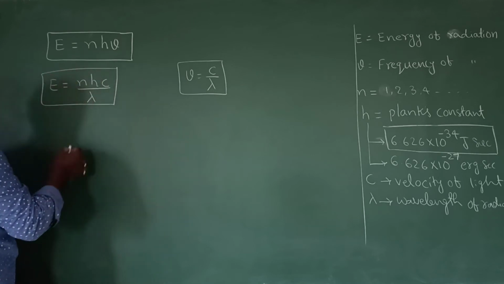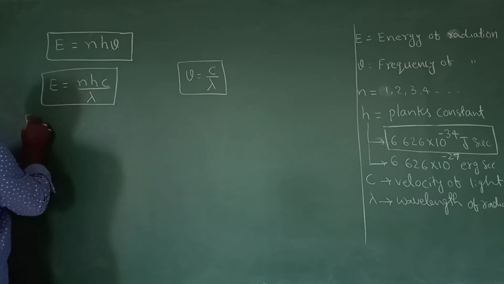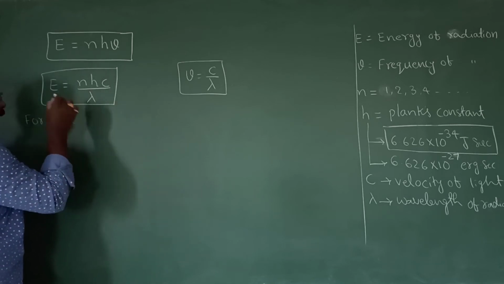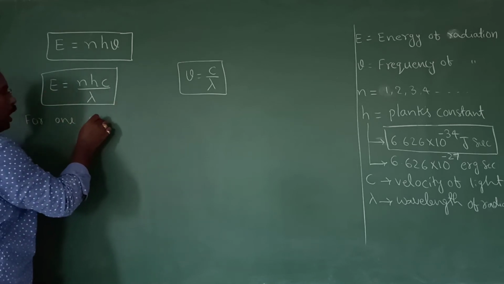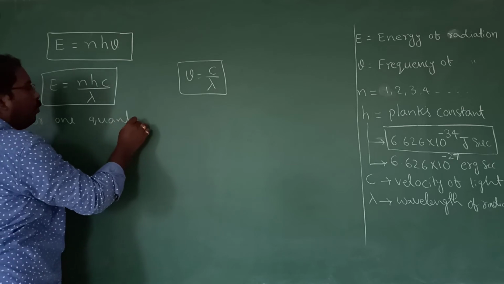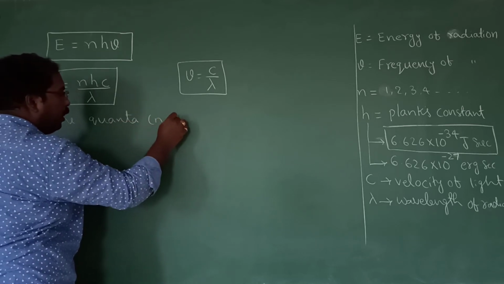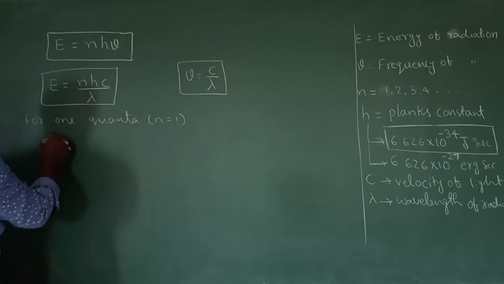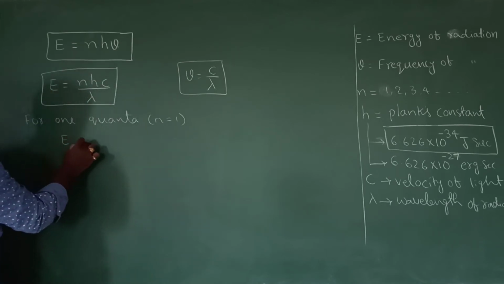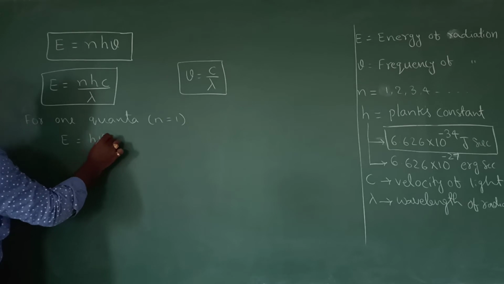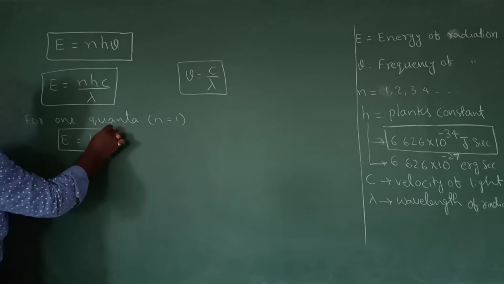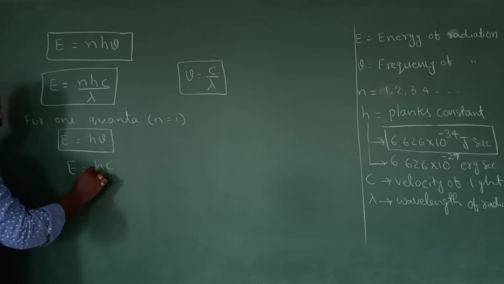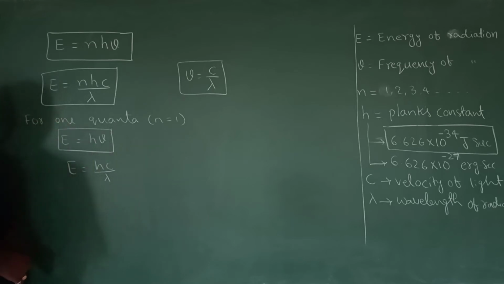Now this is the formula we are using. For example, if you want to find energy for one quantum, one quantum means the value of n is 1. When n value is 1, what is the formula we generally use? E is equal to h mu, nothing but E is equal to hc by lambda.